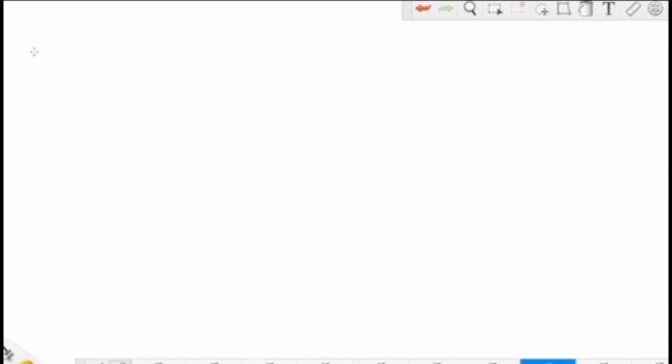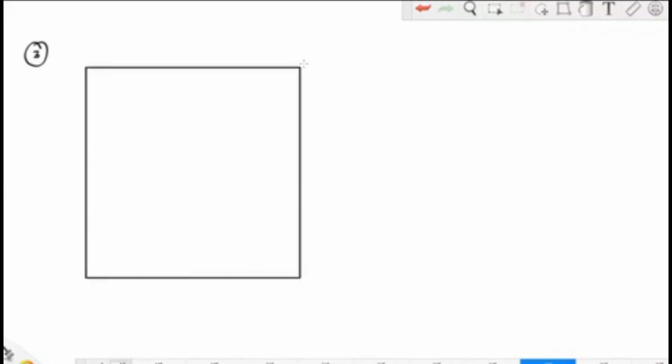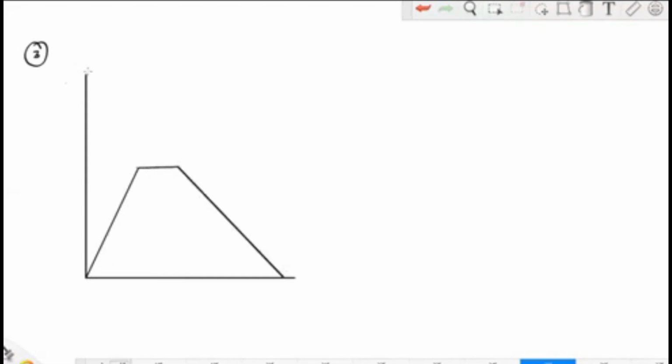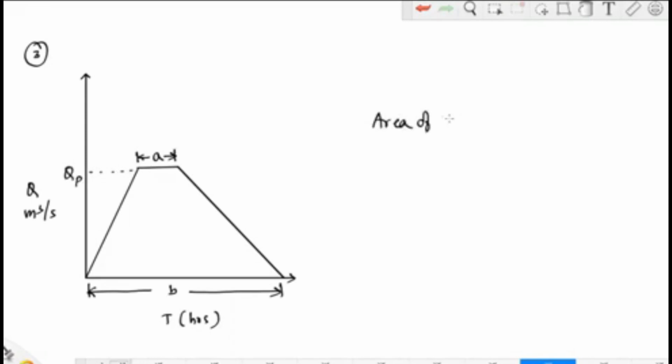Third one, you can get trapezoidal. So suppose if you get a trapezoidal shape, so in this case, area of DRH is equal to catchment area into runoff depth.